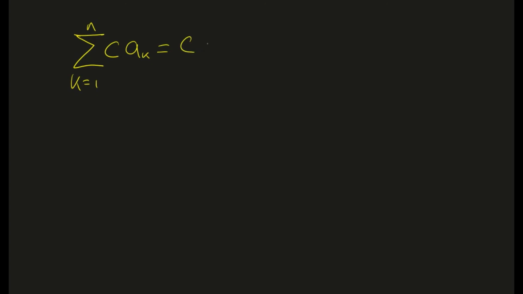What about constants? So our second result, let's think about this time. What would happen if we had some number at the front of every term? So let's call that number, that constant, c. So the sum of c ak, where k is equal to 1, going up to n. Well, what would this look like? It would be c times a1 plus c times a2 plus c times a3, and so on, all the way up to c times an.